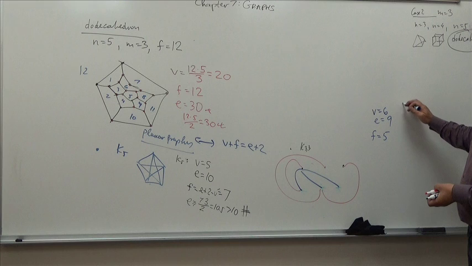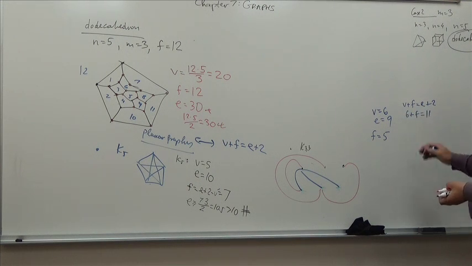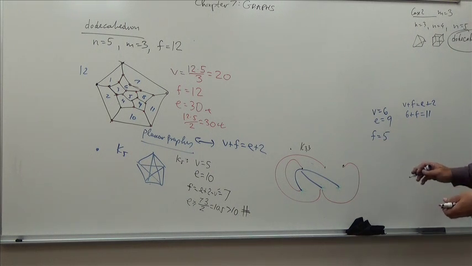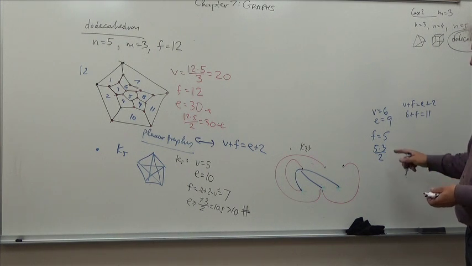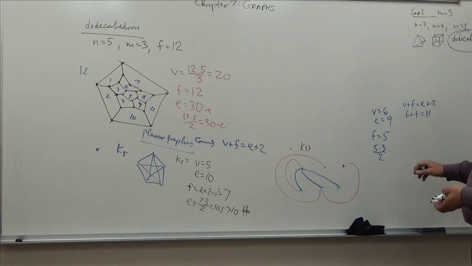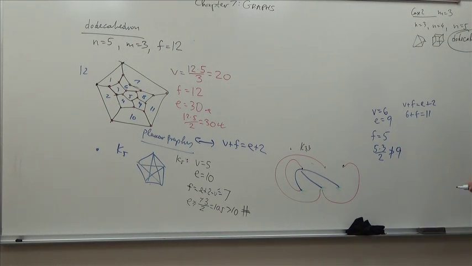So V plus F is E plus 2, V is 6 plus F is 11, so F is 5. Now if we try this trick from a minute ago, 5 times 3 over 2, because each of them needs a triangle, does not exceed 9. So we cannot reach a contradiction as a minute ago, but here's a trick.